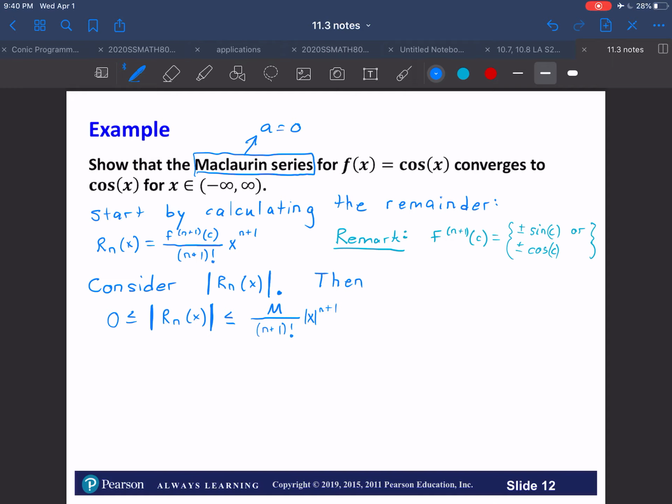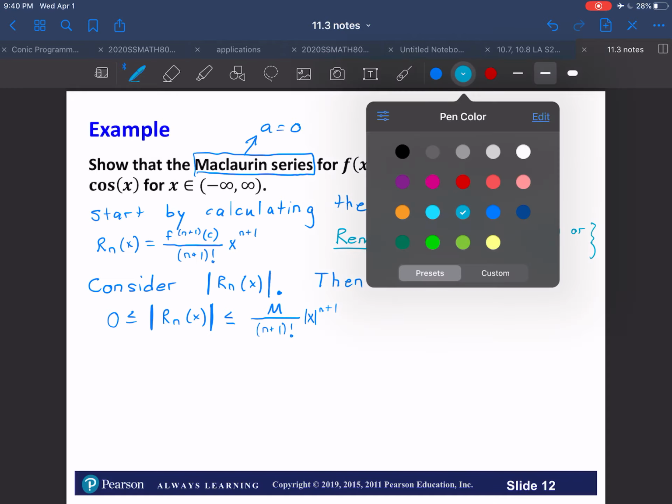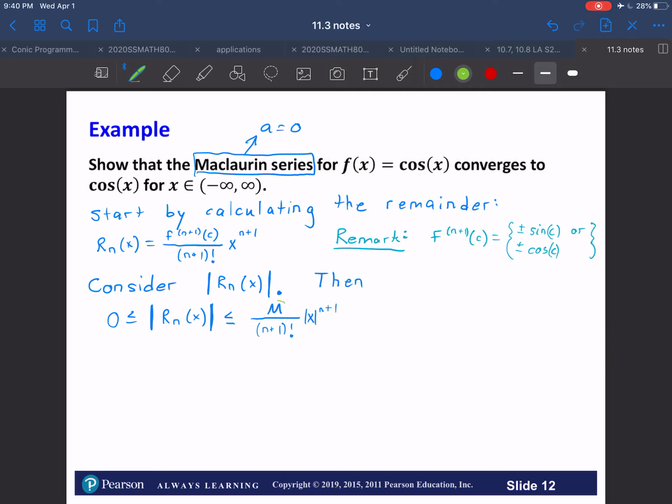Remember that in the last section, we discussed that this M was the upper bound for the absolute value of f^(n+1)(c).